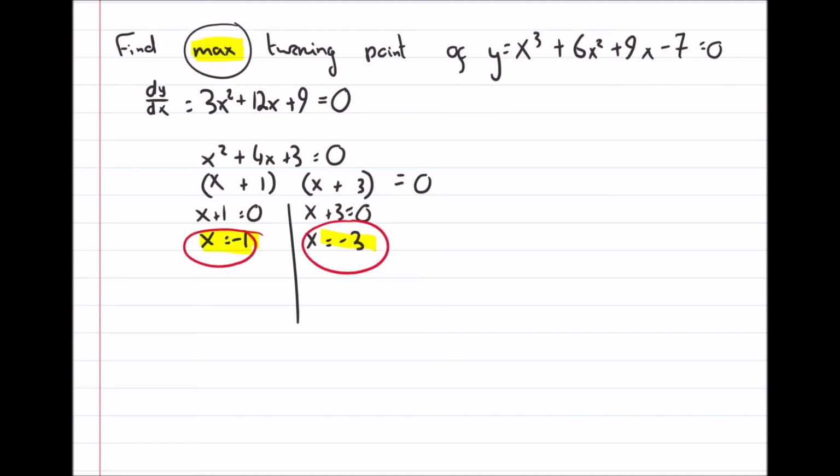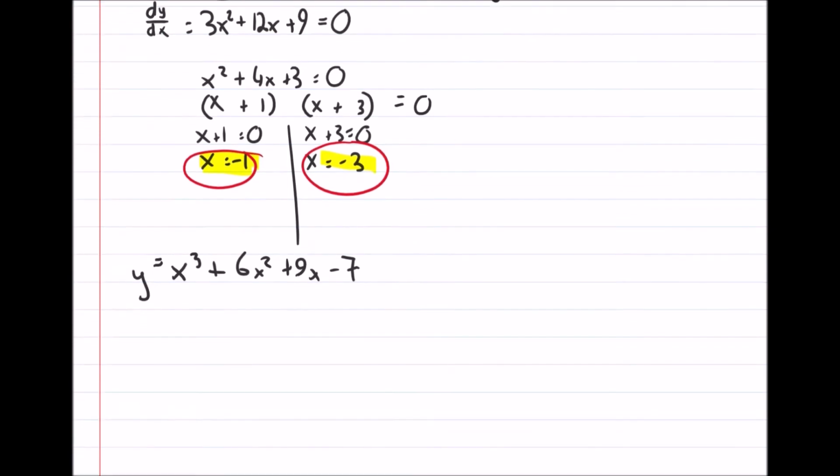I want to find out which is the maximum, because I'm looking for the maximum turning point. So what I have to do is take this function y equals x cubed plus 6x squared plus 9x minus 7, and I need to differentiate it twice. I'm already after differentiating it once.